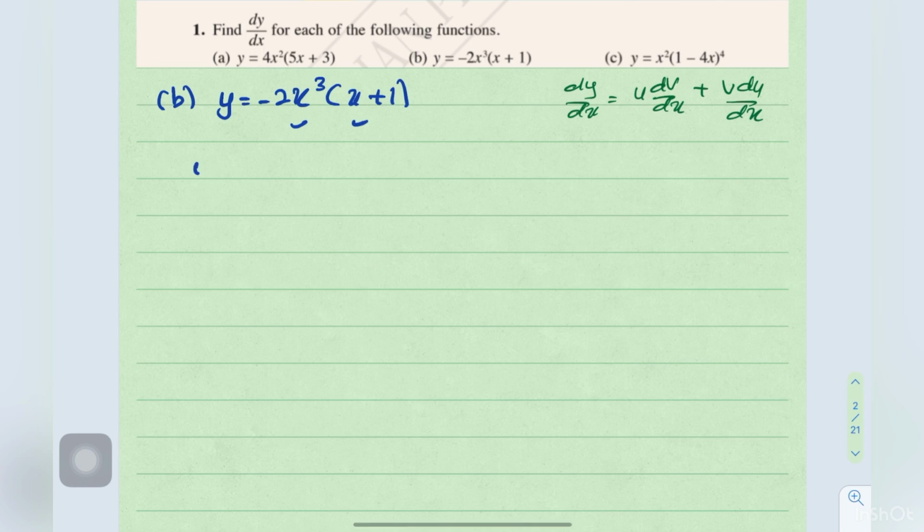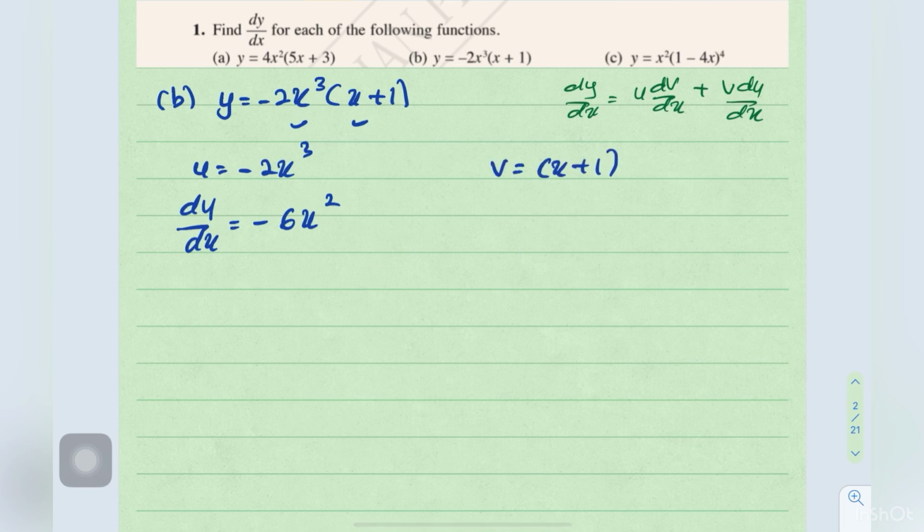Let u be negative 2x cubed, so du/dx is negative 6x squared. Okay, so v is x plus 1, dv/dx is 1. Now I already wrote here the formula of the product rule, so you substitute into that formula.